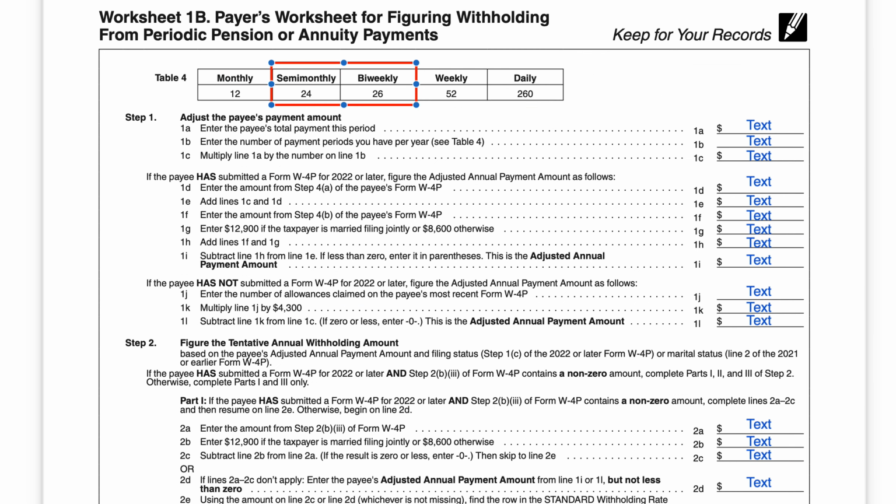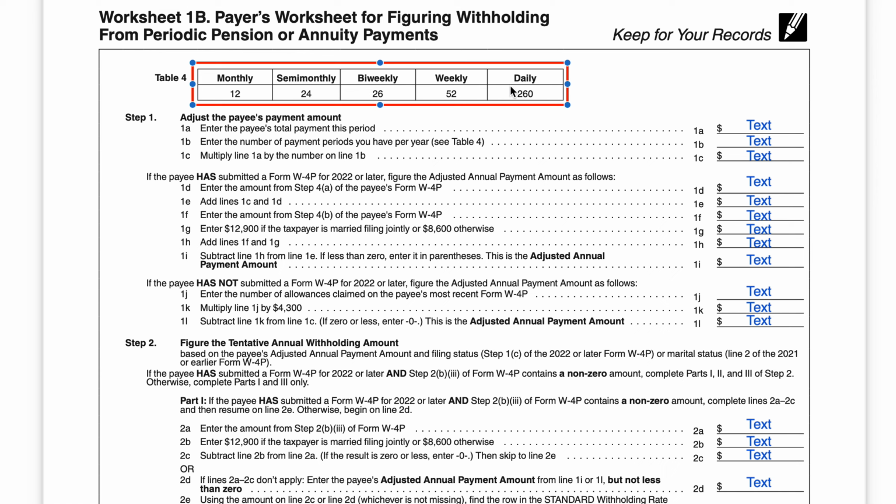The first thing that I want to highlight, however, is the table 4, which is alluded to here in step 1B. So this is what you would expect to see as the payer when you're making payments on a regular basis.